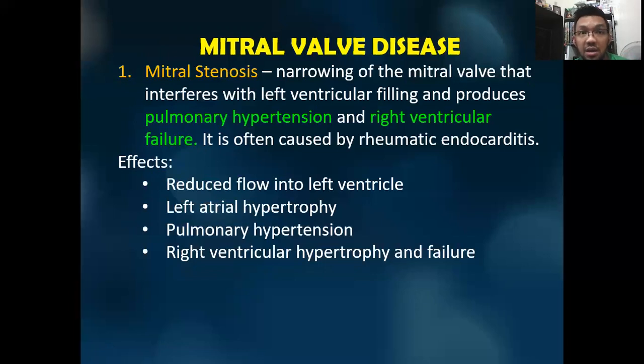The tendency of the muscles there, the cardiac muscles, is for it to hypertrophy. Take note, since the left atrium is taking in too much workload from that increased amount of blood volume in it, the cardiac muscles there are going to hypertrophy.